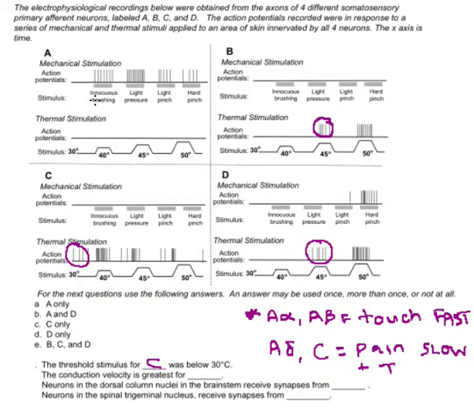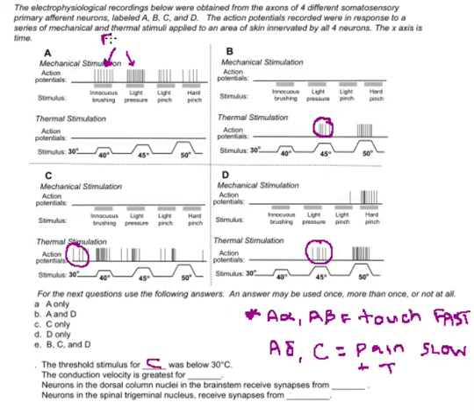The first thing we notice is that there seems to be a high frequency of action potentials, which will eventually translate to a pretty serious central nervous system response. Because remember, frequency is how the peripheral nervous system communicates to the central nervous system. And it seems like there's quite a bit of touch sensation here. So this is a pretty good sign that this is probably one of the A alpha, A beta fibers.